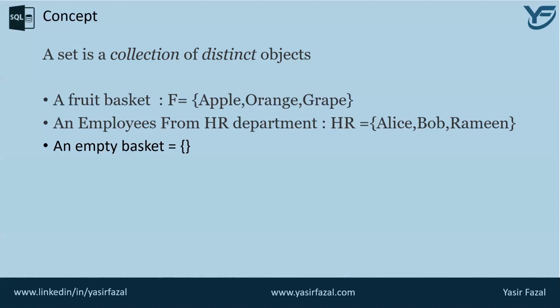The emptiness of the set is also possible, where there is no member in the set. When I talk about an empty basket, it means the basket is empty. There is nothing in the basket as a member. So this is the basic natural world example of the set.